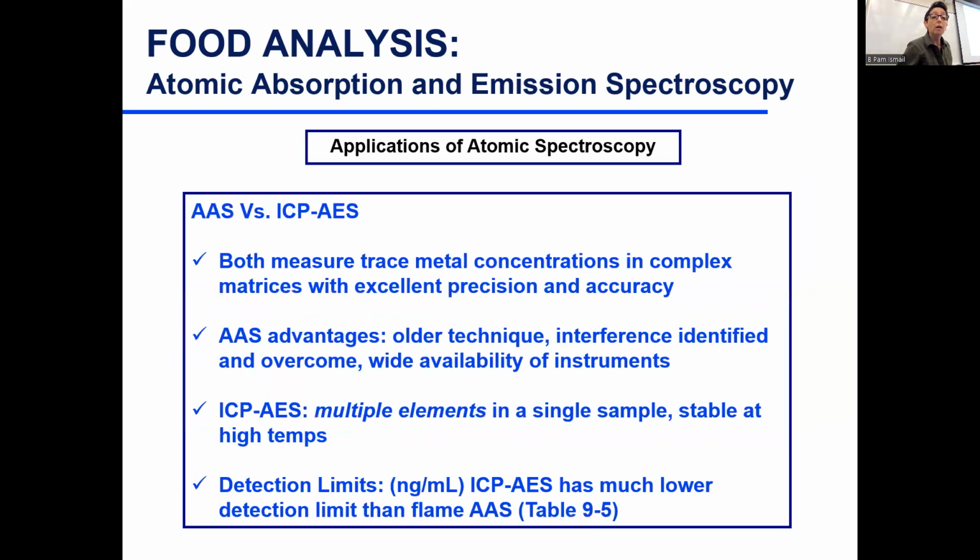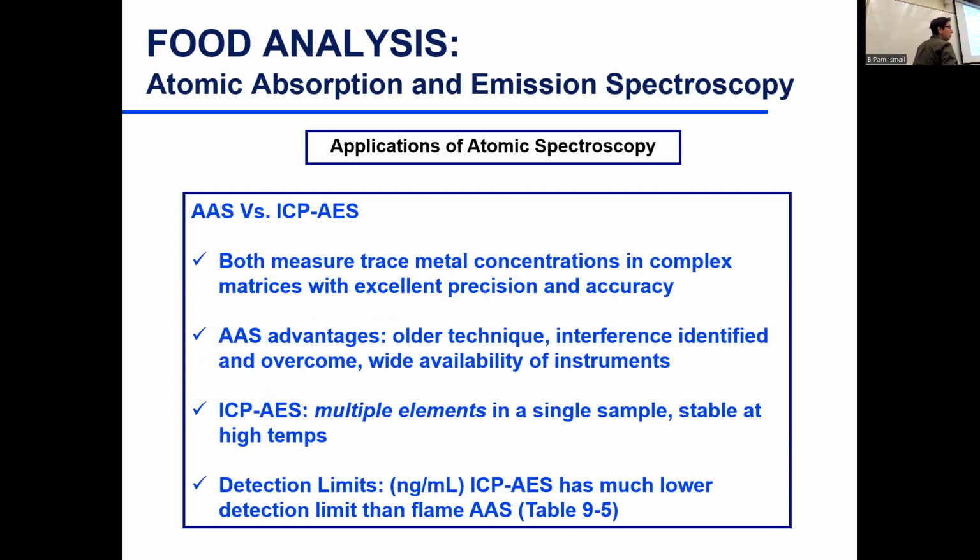So last thing here is comparing atomic absorption to ICP. Basically both, you can measure trace elements in metallic form. They have good precision, good accuracy. Atomic absorption is the cheaper, older technique. People are familiar with it more.